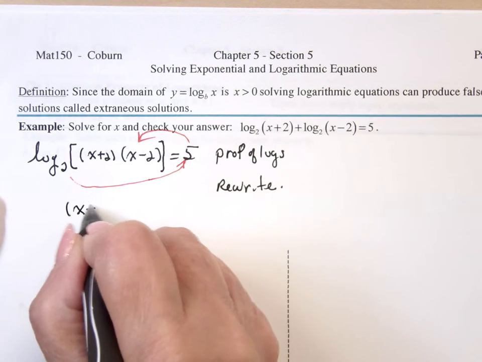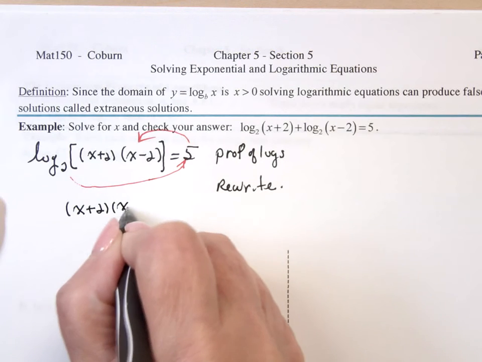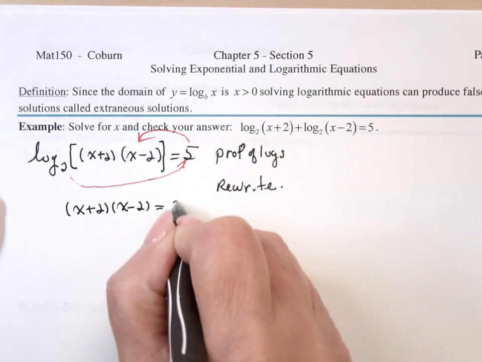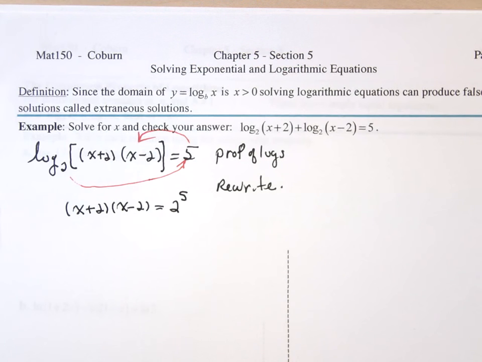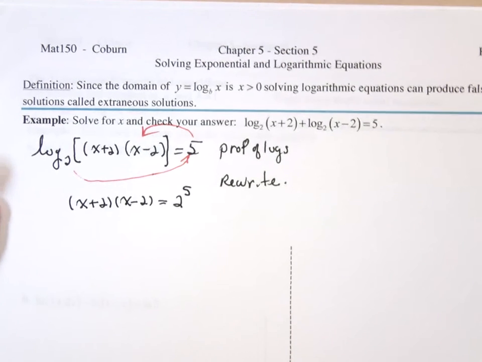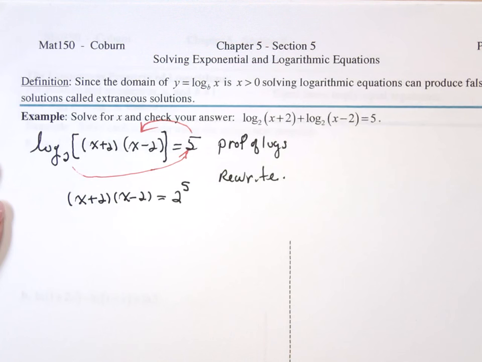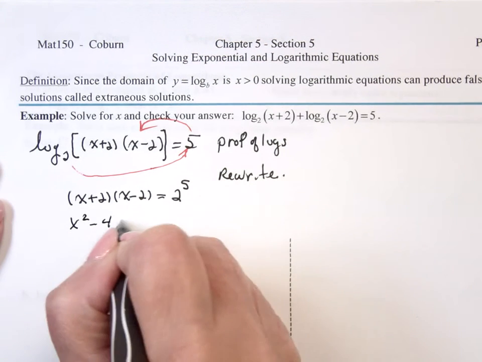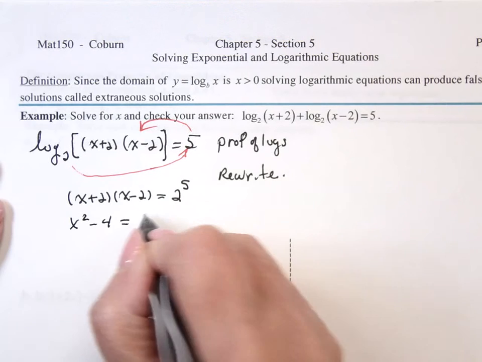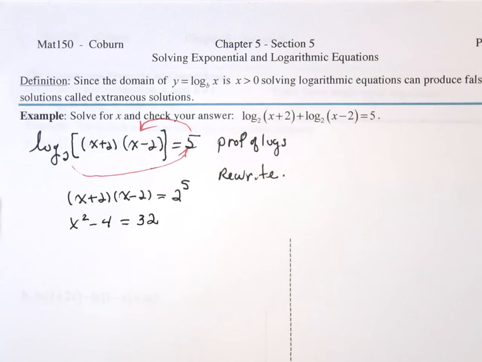So x plus 2 times x minus 2 equals 2 to the 5th power. Or that x squared minus 4 equals 2 to the 5th, which is 32.